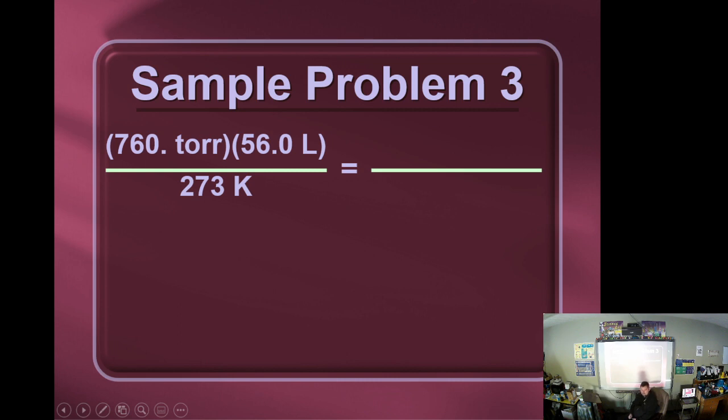You with me? You with me, Levi? All right. Now I gave you some non-standard conditions. I told you 400 torr. That's the non-standard. I'm looking for V2. And I gave you 300 Kelvin.